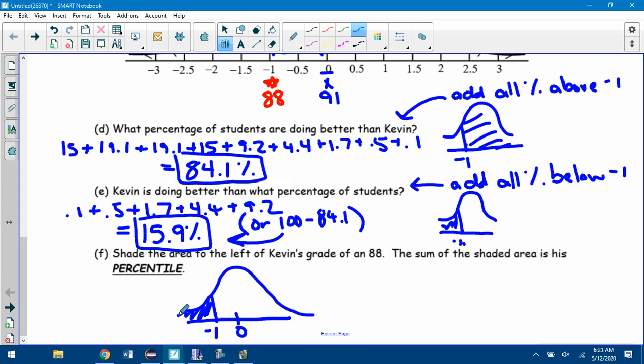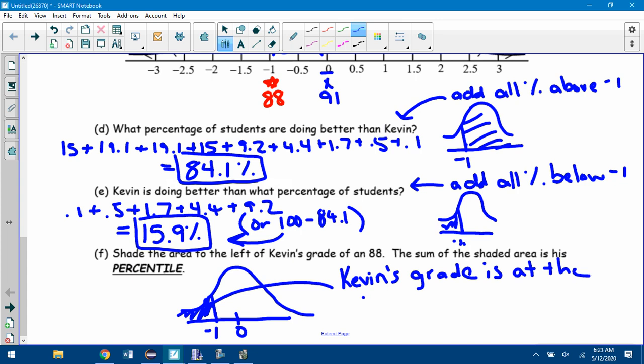Whenever you do at or below, that's also the percentile. So this is telling us that Kevin's grade is at the 15.9th percentile.